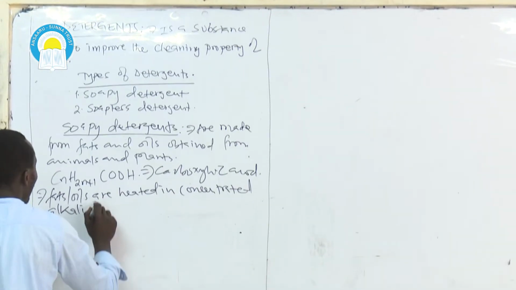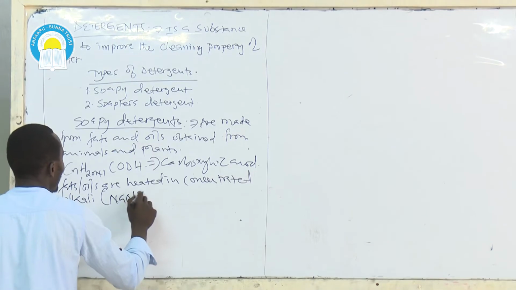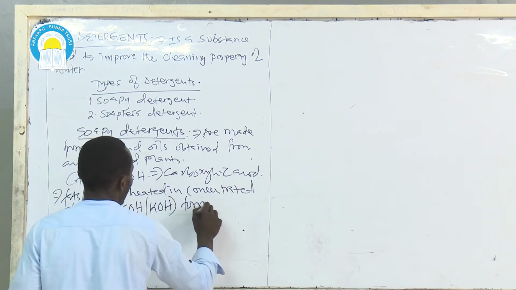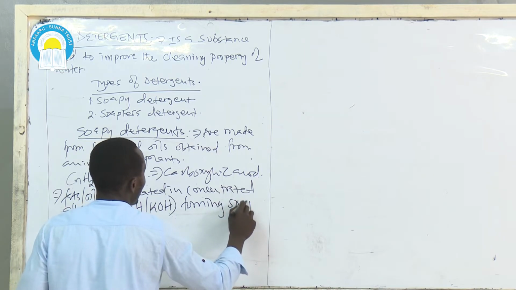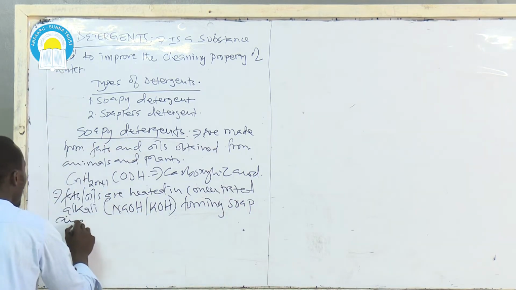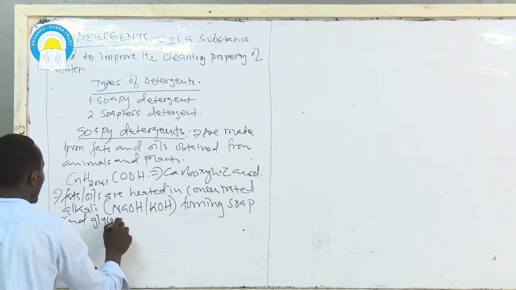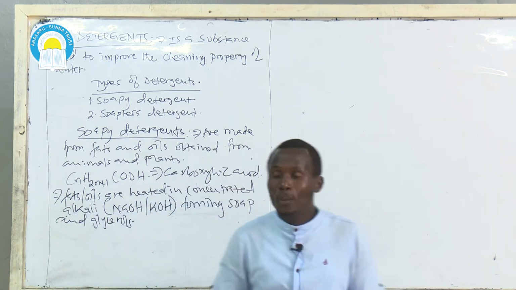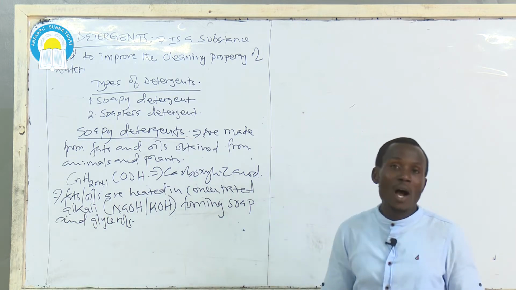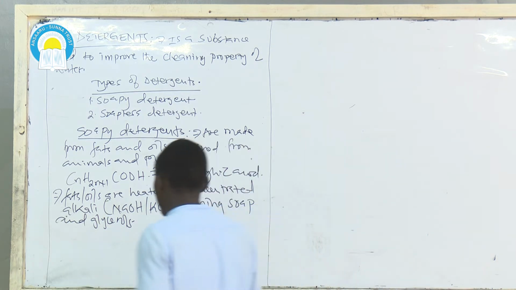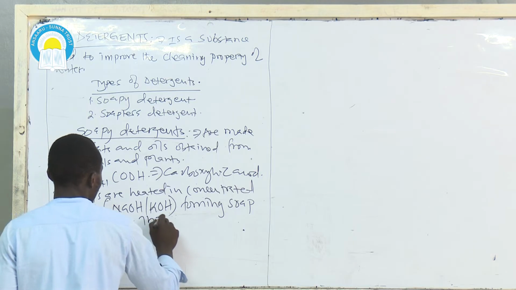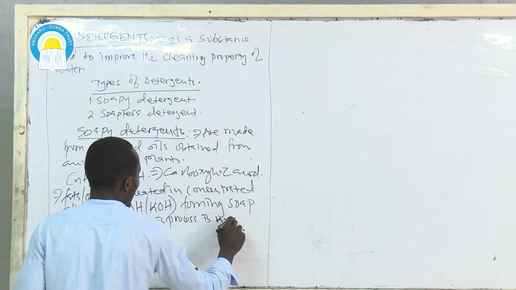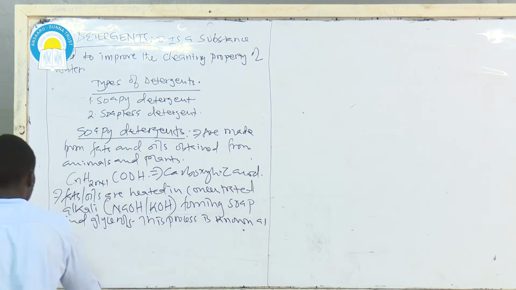The concentrated alkali here can be sodium hydroxide or potassium hydroxide, forming the soap and glycerol, because they contain glycerol also. This process is known as saponification.